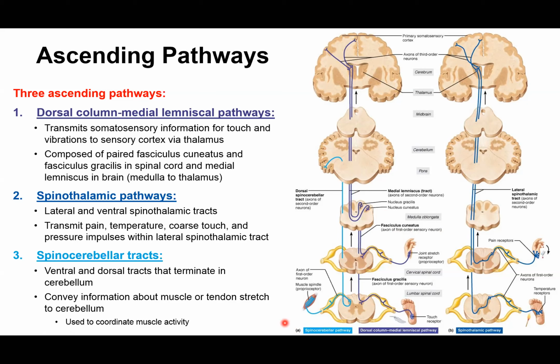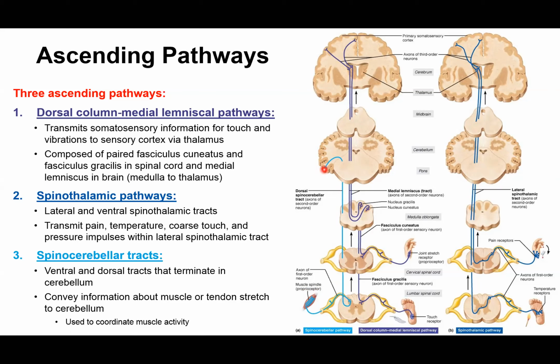And so in this particular pathway, we notice that our primary neuron, our first order neuron, is going to come in to the level of the spinal cord at which that particular muscle would be innervated. And it's going to synapse on its second order neuron. And the second order neuron is going to travel upwards with that sensory information and synapse on the cerebellum.